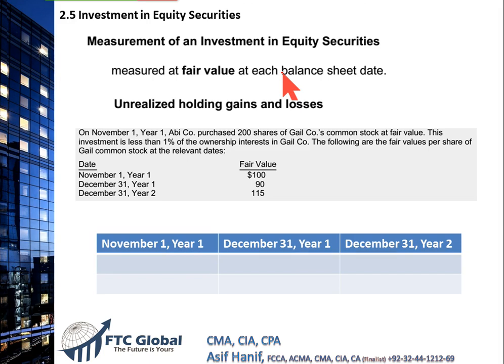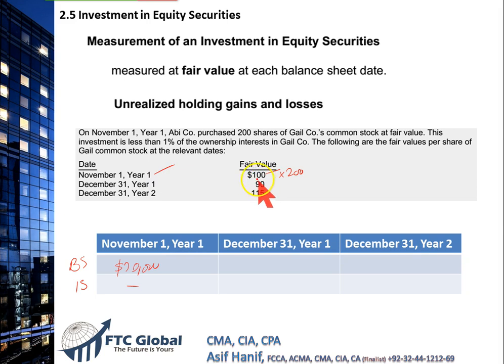So we have this investment that we made on 1st of November year 1 and the value at the date when we purchased 200 stock was $20,000. So that's the value on our balance sheet, right? What about income statement? No gain or loss in income statement. What happens at the end of the year, just after 2 months?